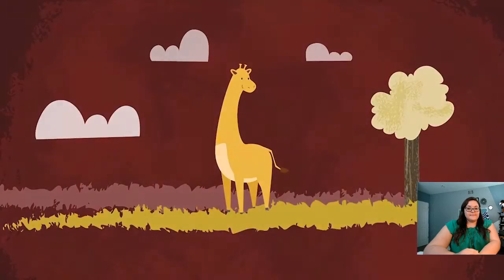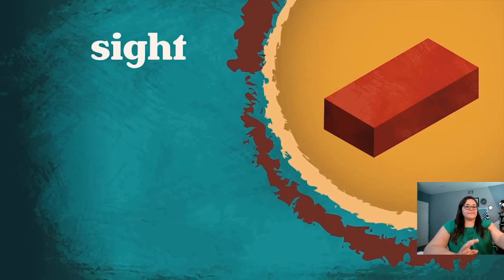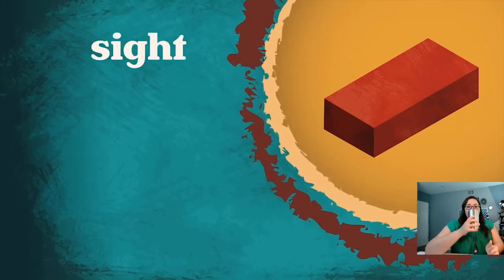Size, color, shape, texture, and weight are some characteristics that can be observed through the senses. Take this object, for example. You can use your sense of sight to see its shape and color.